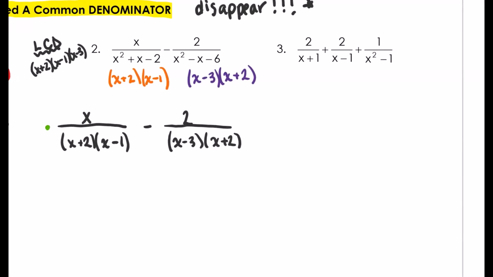So what I'm going to do then is introduce x minus 3 over x minus 3, because any expression divided by itself is automatically 1. Well, then on my second fraction, I'm missing x minus 1. So on that fraction, I'm going to introduce x minus 1 over itself.